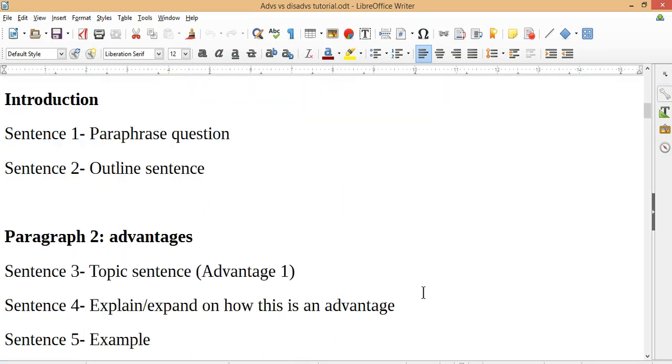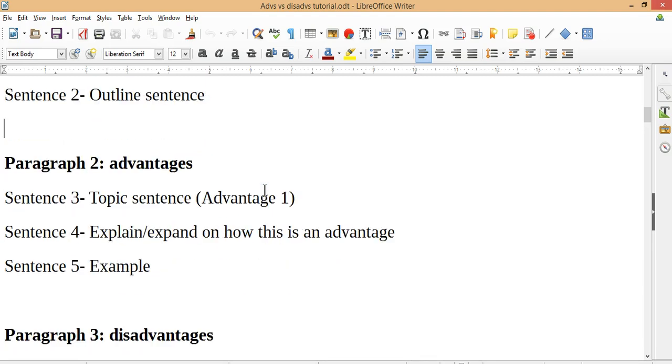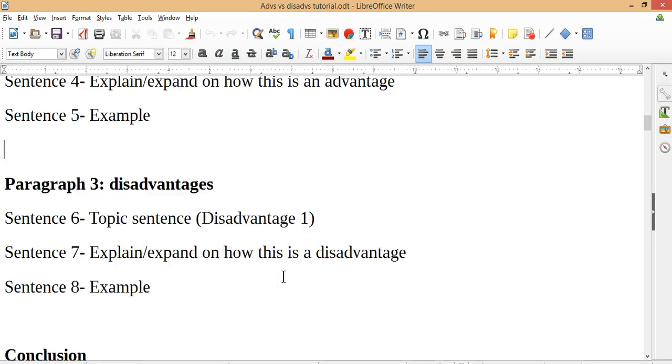So the structure for this, as with all questions: sentence 1, paraphrase the question. Like the discuss both views, we have an outline. What's the essay going to be talking about? Paragraph 2, advantages. Sentence 3, topic sentence, advantage 1 is, explain exactly how or why it's an advantage, and an example.